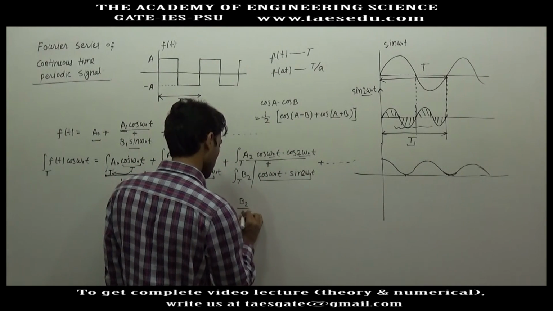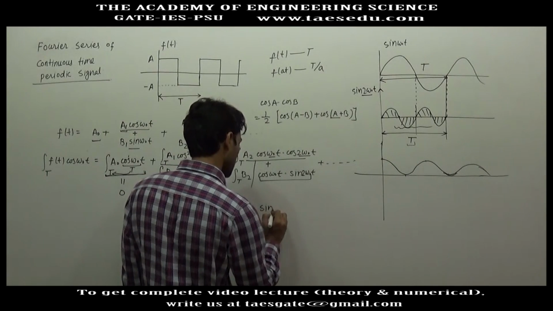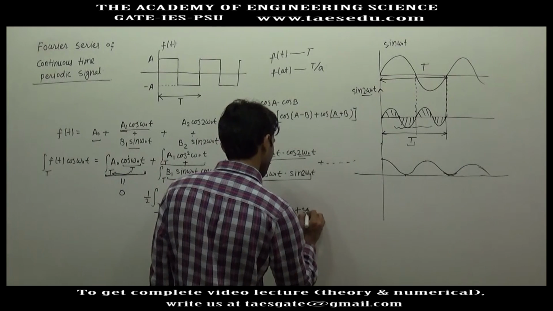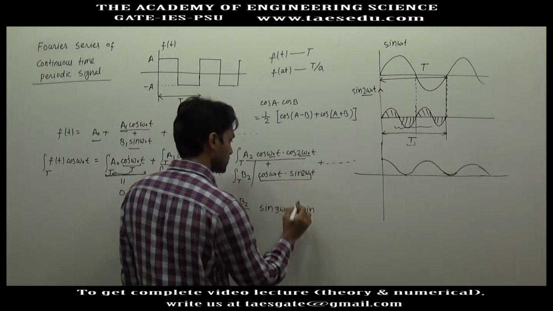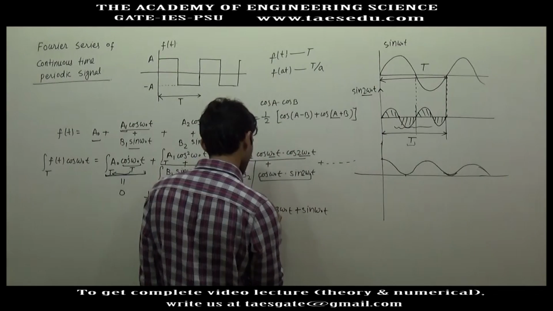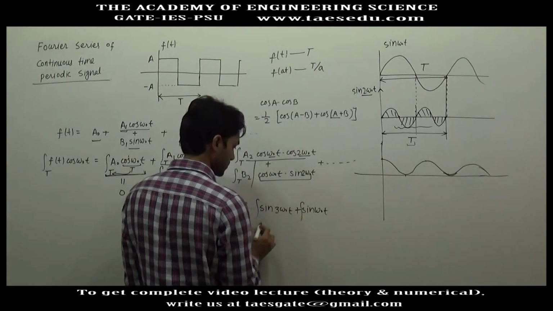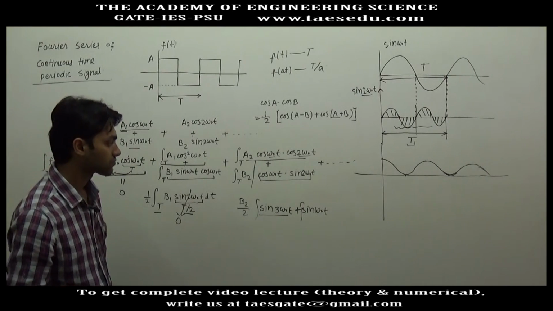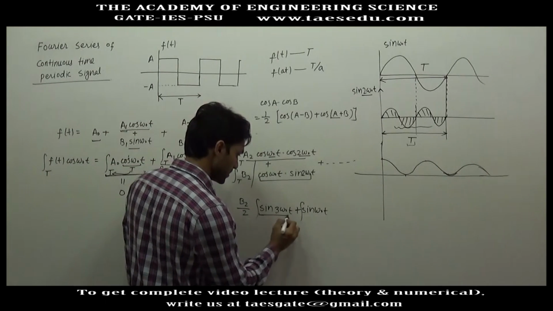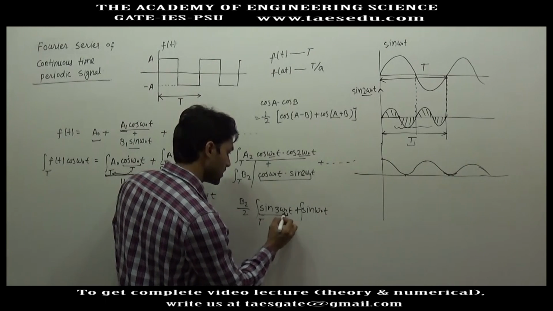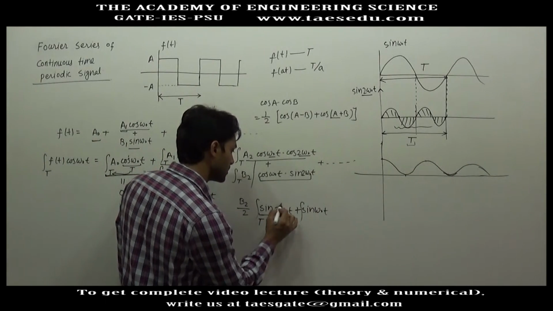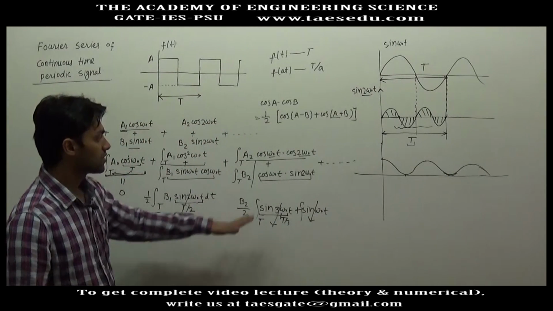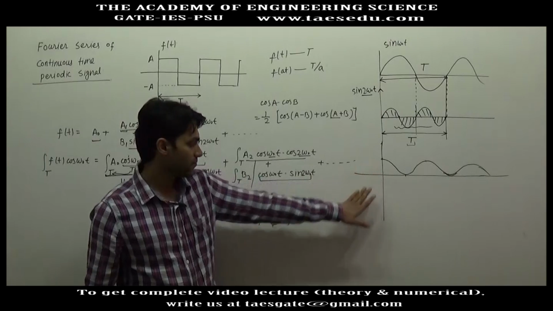This is half sin A plus B, sin 3 omega naught t, plus sin A minus B, sin omega naught t. Now if you integrate with the same rule I have explained, duration is T and time period is T by 3, integration is 0, here also integration is 0. So in the same way, integration of all other terms will be 0.